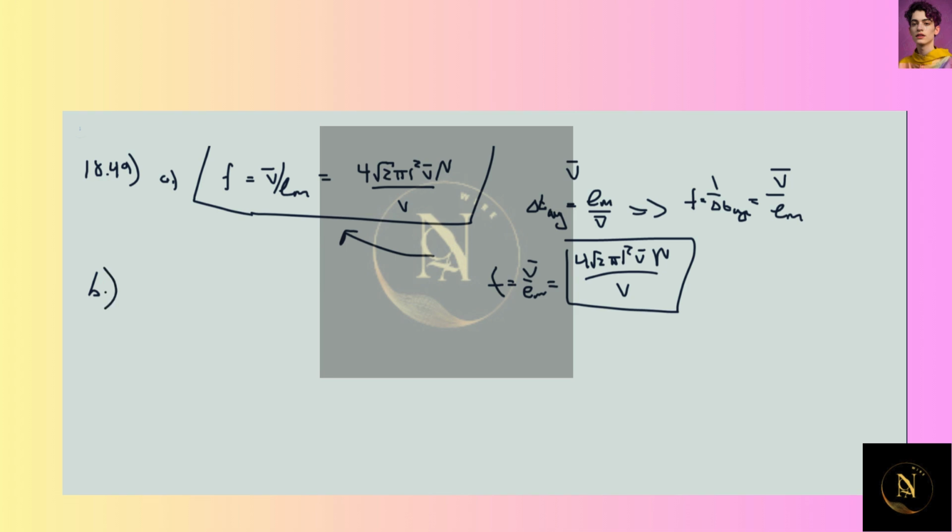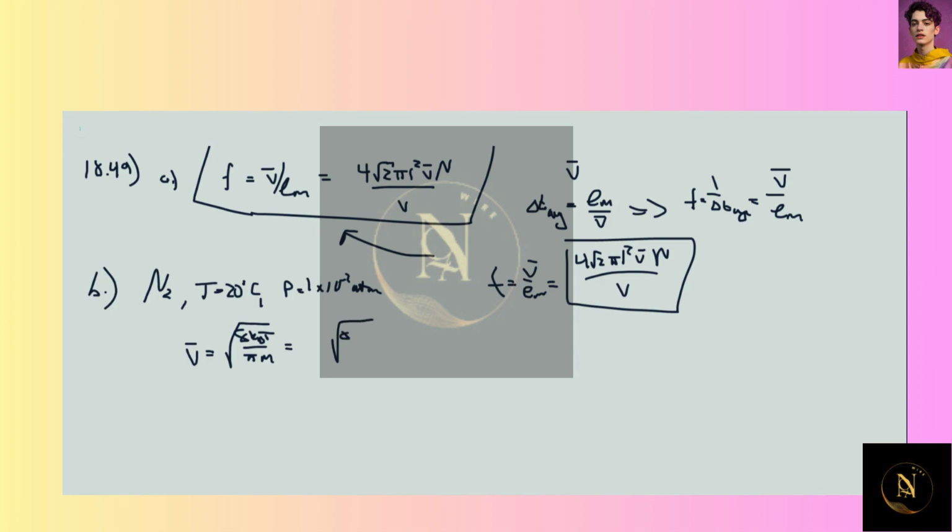Part B asks us to figure out what is the collision frequency for N2 molecules in air at a temperature of 20 degrees Celsius and pressure of 1 times 10 to the negative 2 atmospheres. So first let's figure out what the mean speed is, and that's given as the square root of 8 kBT over pi times the molar mass.